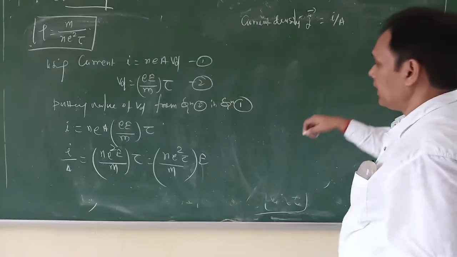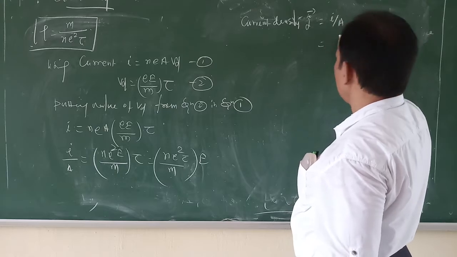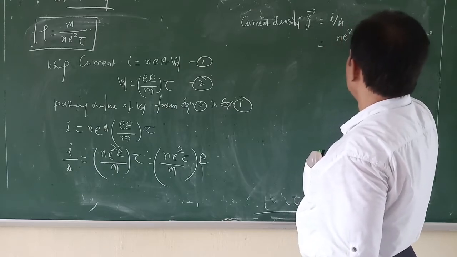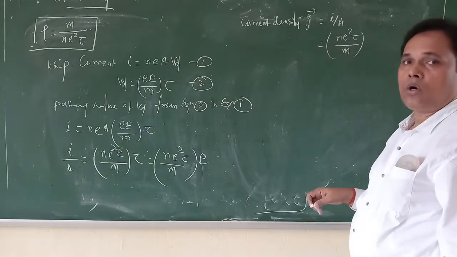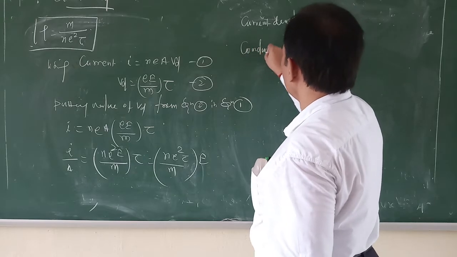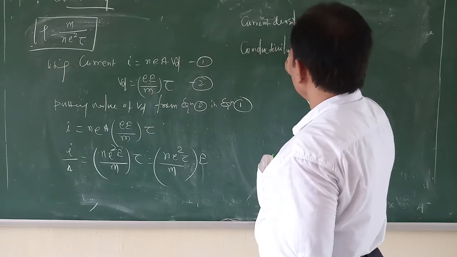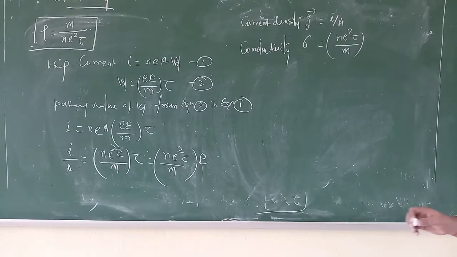And the second term here, ne square tau by m, is called conductivity. It is represented by the symbol sigma.